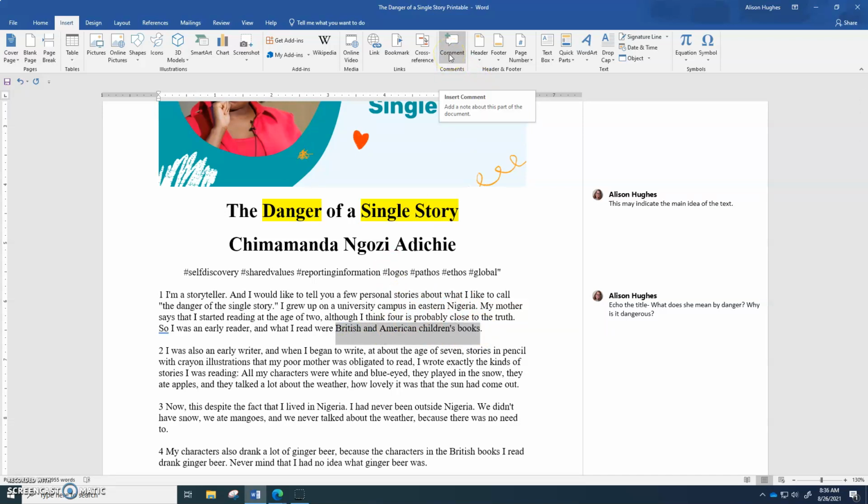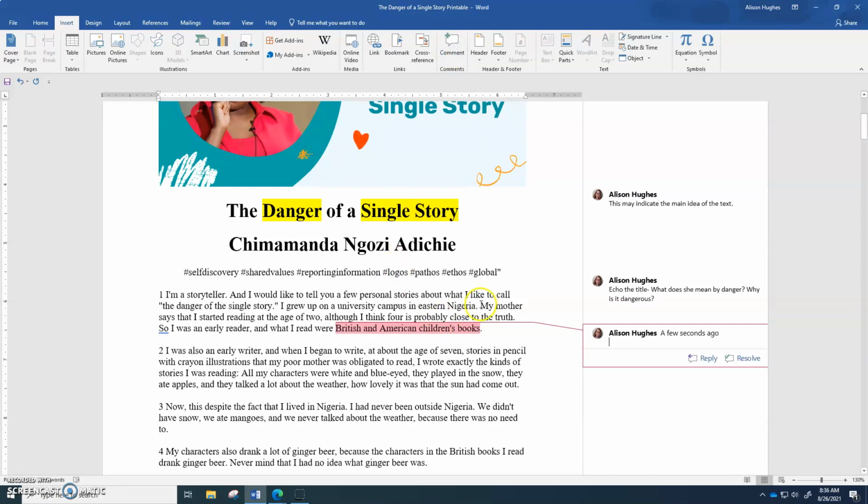I'm going to go with primarily white characters in my thought, but she grew up in eastern Nigeria on the continent of Africa. So there's a bit of a difference between where the writer grew up and what she read as a kid.